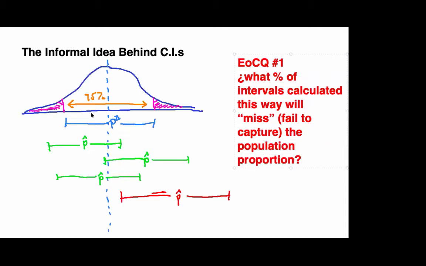As I've drawn here, if I kept drawing samples, calculating p hat, and adding this error term, what percentage of my intervals will fail to capture the actual population proportion P star? That's the first end of class question for today. While you're taking a moment to either copy that down or answer that, I'm going to go ahead and bring up WAMAP.